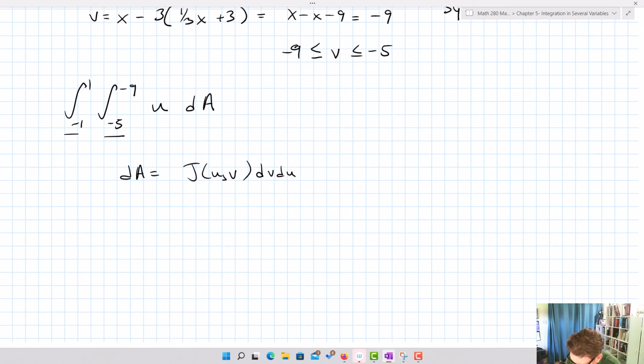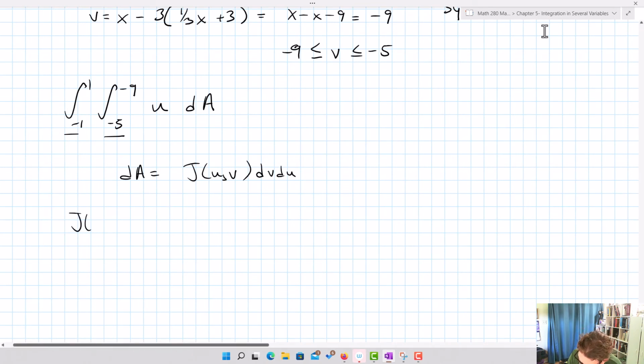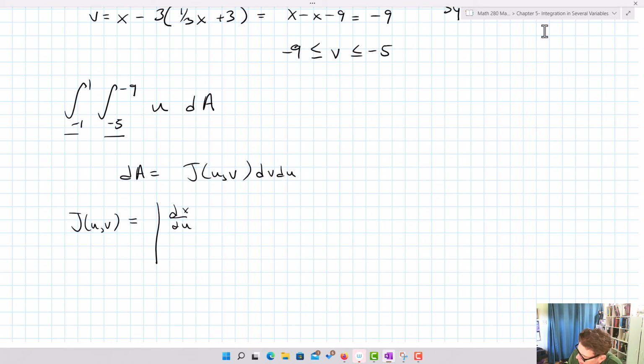So the Jacobian J of uv is going to equal the determinant with del x del u, del x del v, del y del u, del y del v.